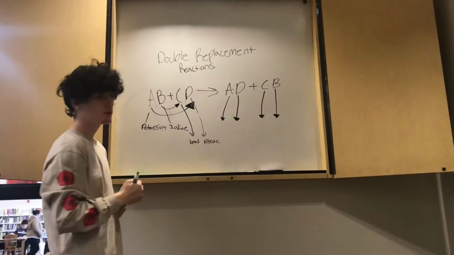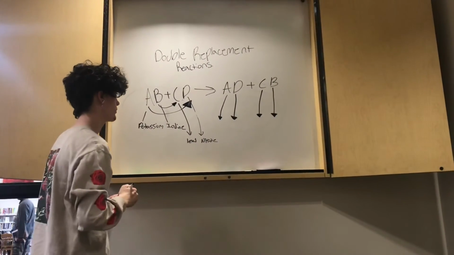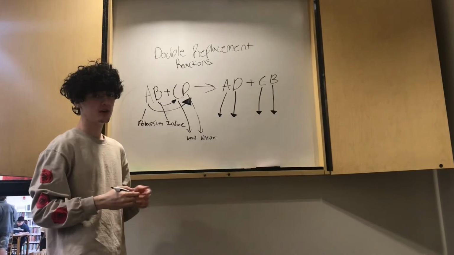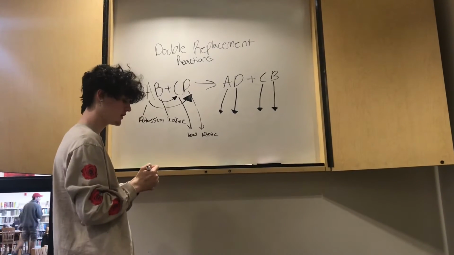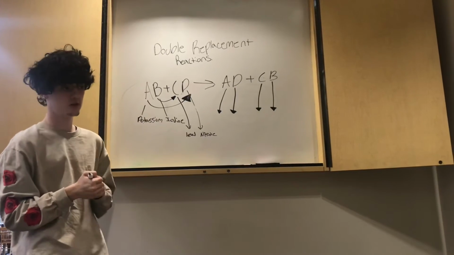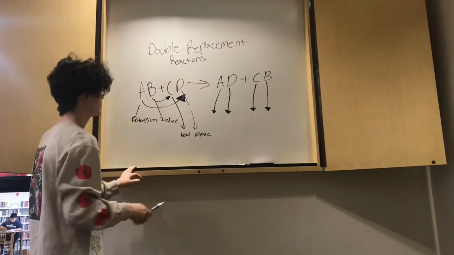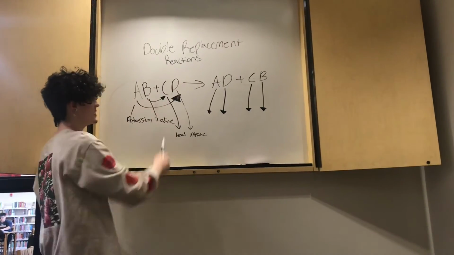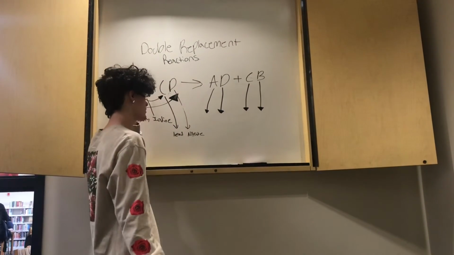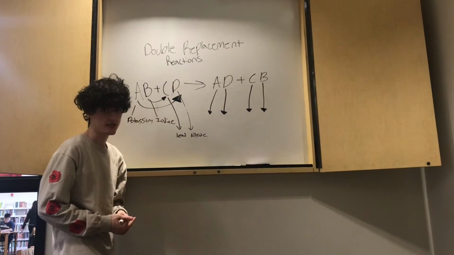Alright, so double replacement reactions, they all pretty much fall into this category where they work pretty much the same. It does change depending on what you're using and how much of it you're using, but it pretty much stays in this realm of AB plus CD, and then you mix those together and you end up with AD and CB.